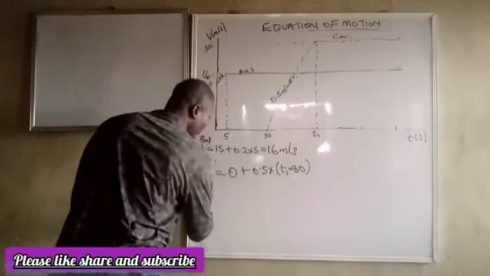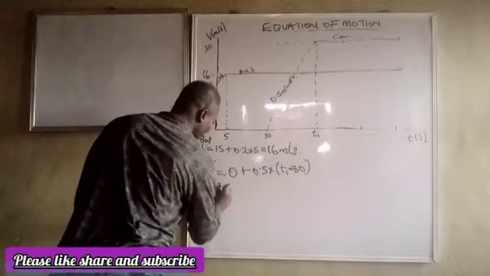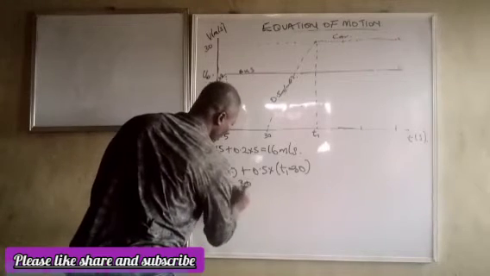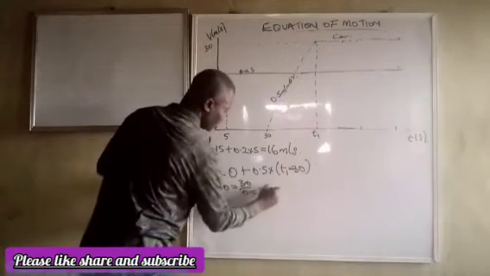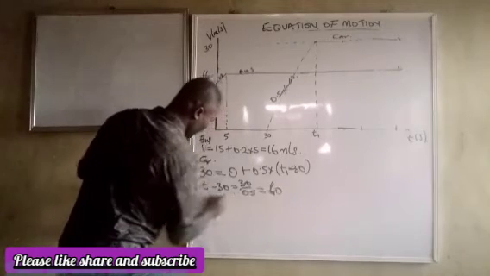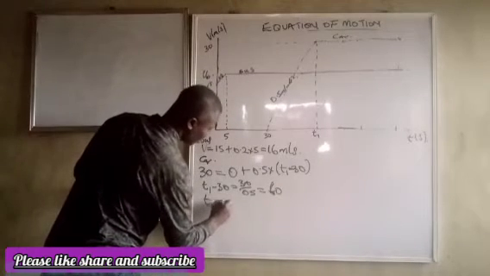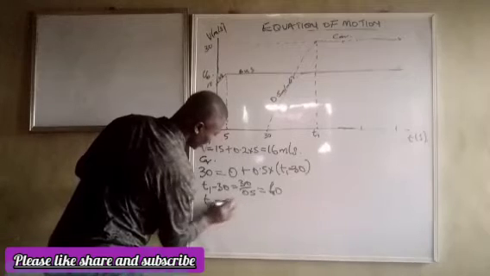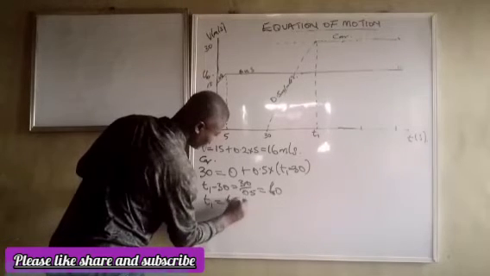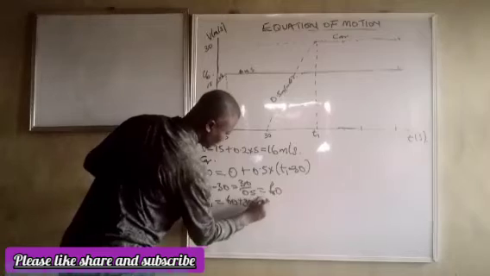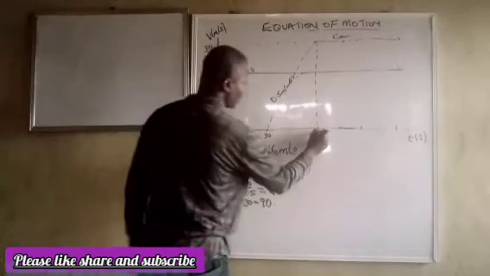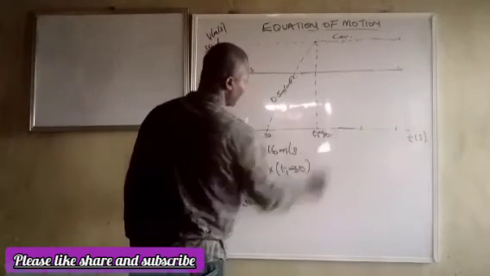So we now have t1 minus 30 is equal to 30 over 0.5, which is equal to 60. So t1 is equal to 60 plus 30, which is 90.